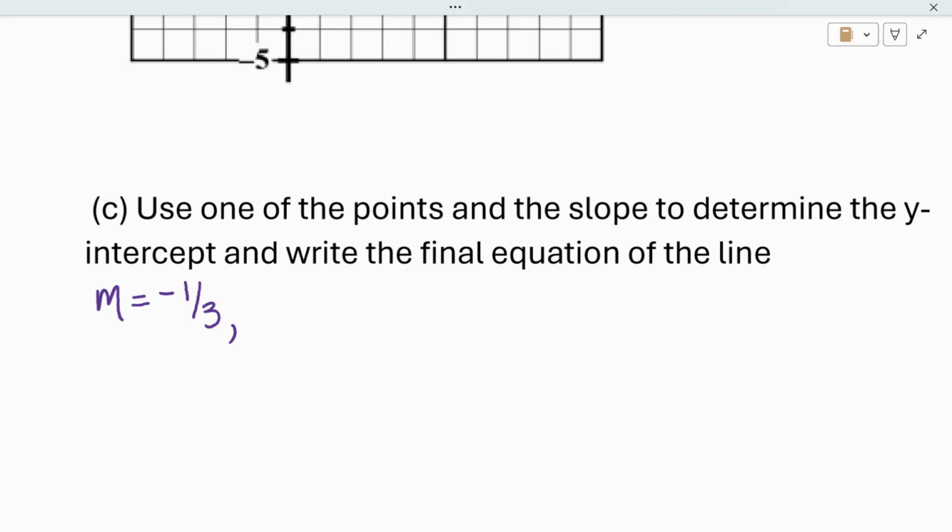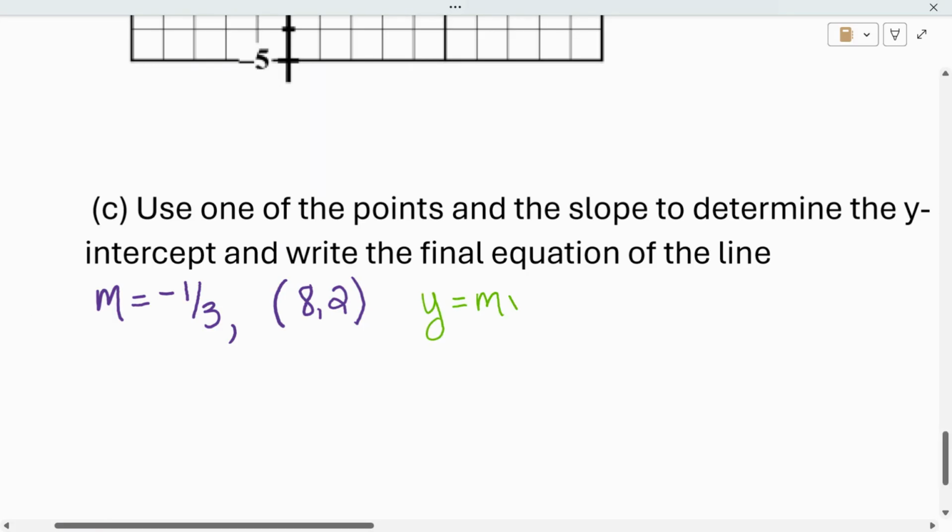8, 2? Okay. So I'm going to write that. We're going to use our slope of negative 1/3, and we're going to use the ordered pair 8, 2. And we have to write an equation that looks like this. Okay. So what are some things that we know?